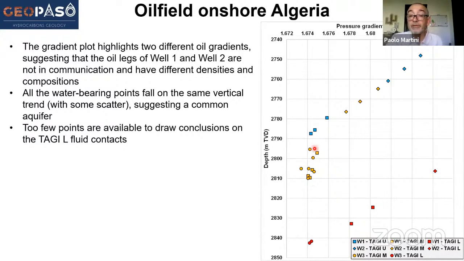The water points all fall on the same, more or less, vertical line. So it's highly likely that the water from the lower Taggy in red, and the upper and middle Taggy in yellow here, are in the same hydraulic regime. So it's just one aquifer. There's no difference.